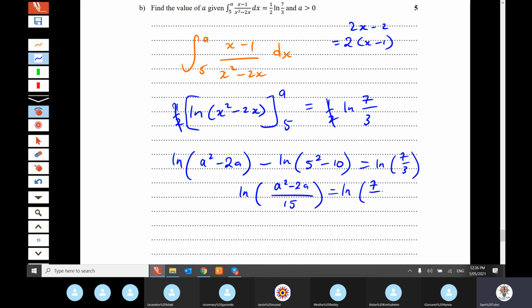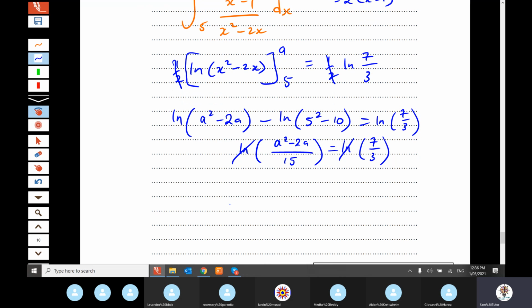What can I do now? Exponential both sides, so the logs cancel out. What can I do now? Times by 15. Not yet, you're very close. 15 divided by 3 is 5. 5 times 7 is 35. Now you'll solve for A. Bring it all over.